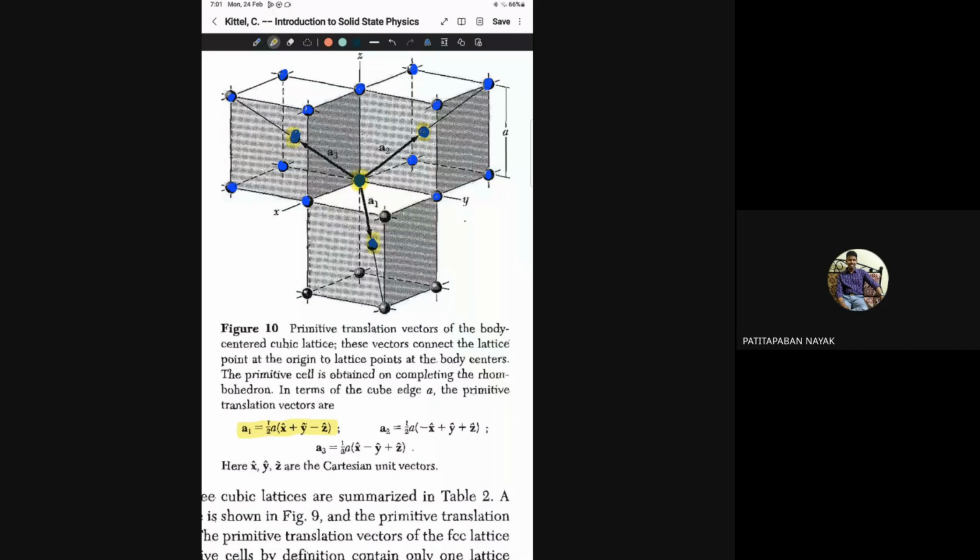So if we take a body centered cube, we still can find a primitive cell, which will be a subset of this body centered cell. And the primitive cell is the cell whose repetition will create the whole crystal.